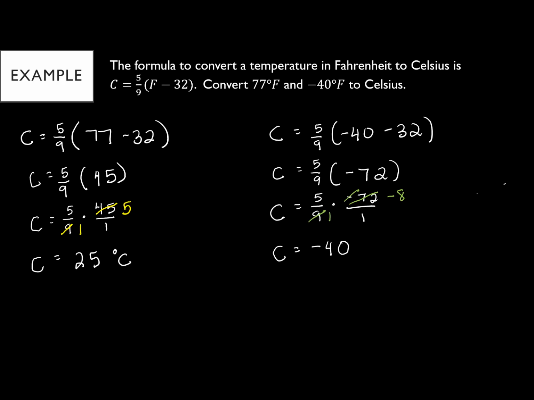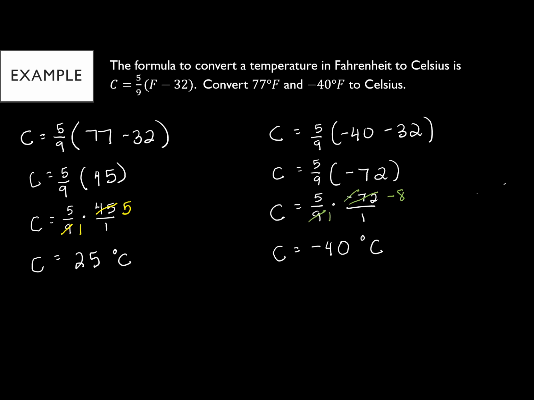I'm looking at that, I'm like, huh. I don't see any error in my math. I'm going to just double check it on the calculator. Yep, that comes out to negative 40. So apparently negative 40 Fahrenheit is also negative 40 Celsius, which is very interesting.